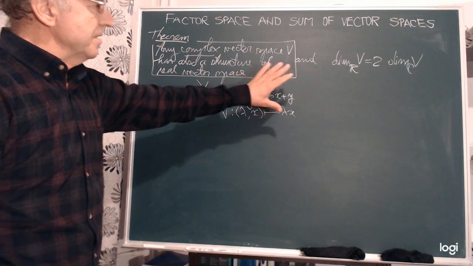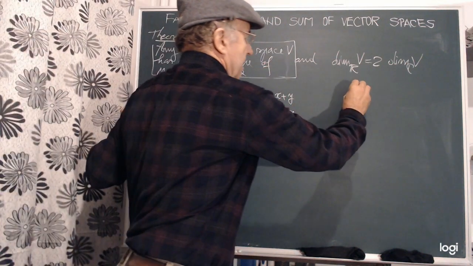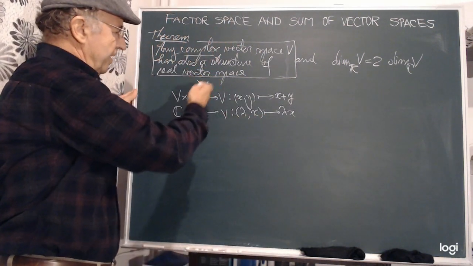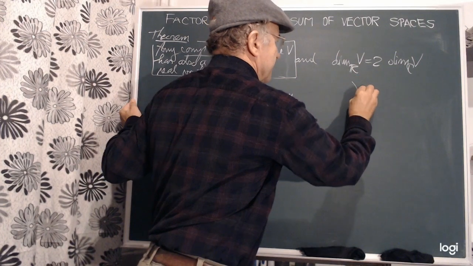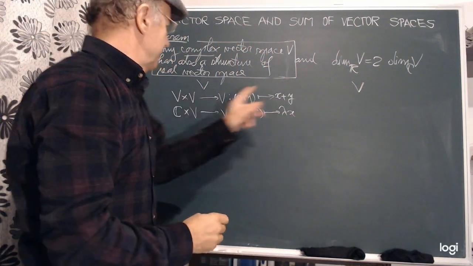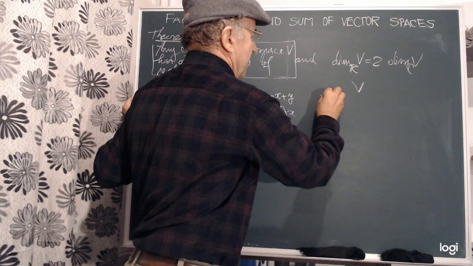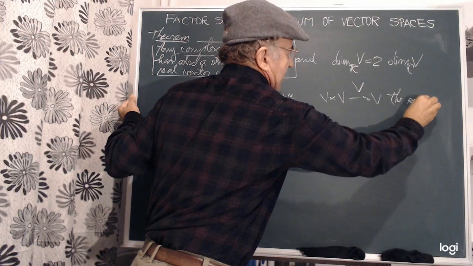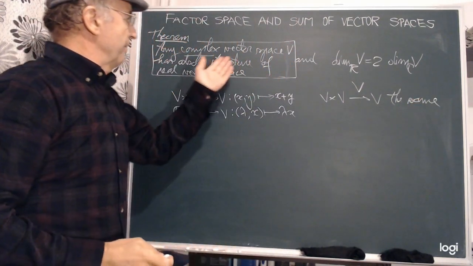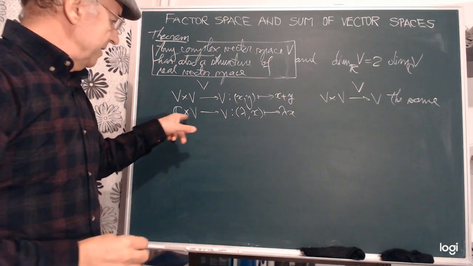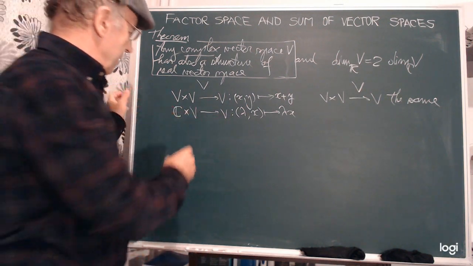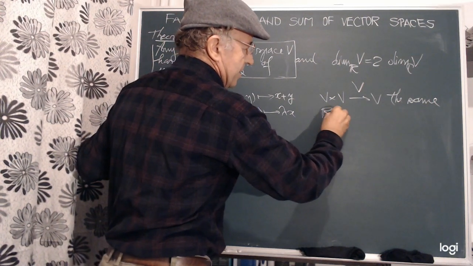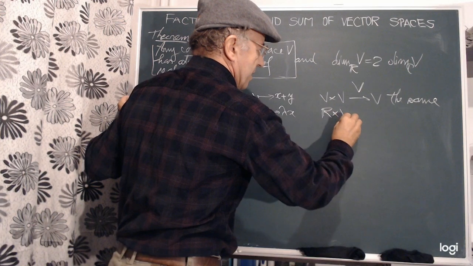By using this, we can obtain a structure of a real vector space. We consider the same set of vectors, the same addition, V times V to V, as in the case of the complex vector space, but instead of multiplication with the complex number, in this case we have multiplication with a real number of any vector.